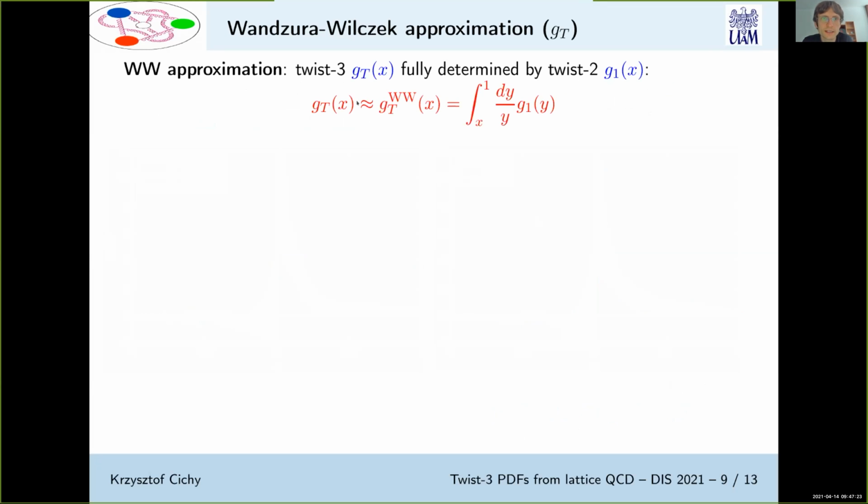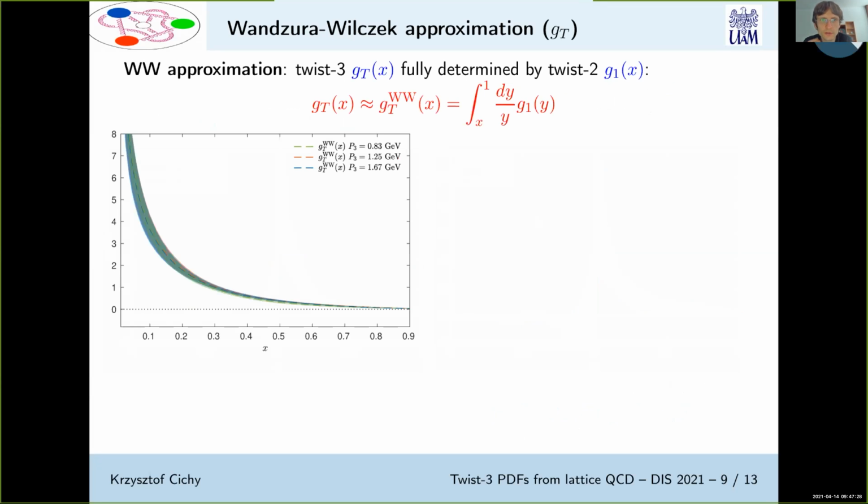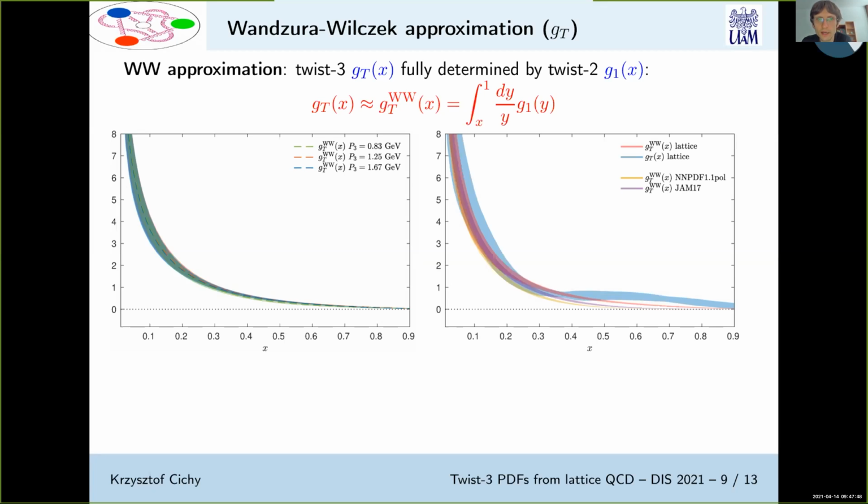The approximation is that GT is equal to this GT WW. In this plot, I show you the GT WW from our data at 3 nucleon boosts. These data only concern the function G1, the twist 2 function, and you see very nice signs of convergence here. There is no dependence on the nucleon boost. Then we compare GT WW at the largest nucleon boost with the GT extracted from our data. GT WW is in red or pink, and GT is in blue.